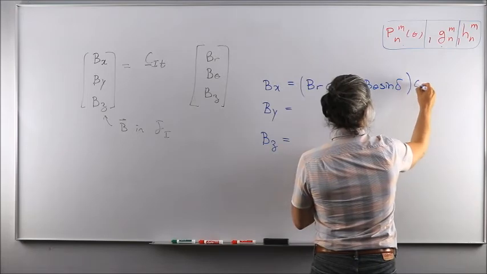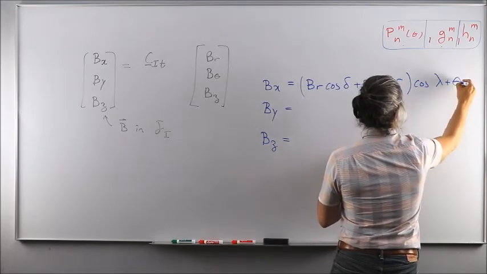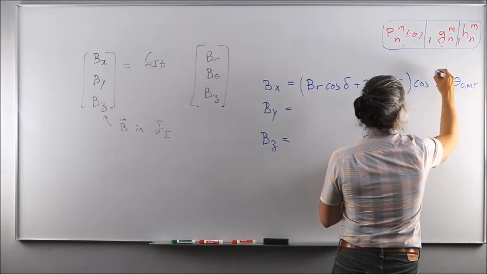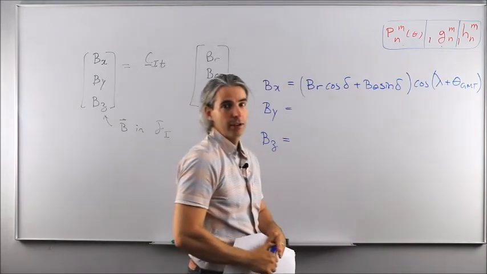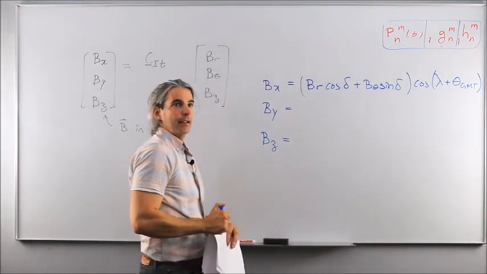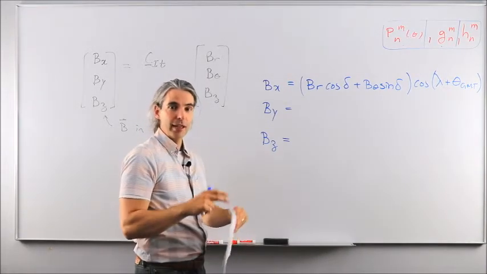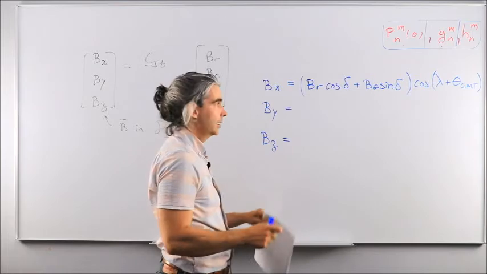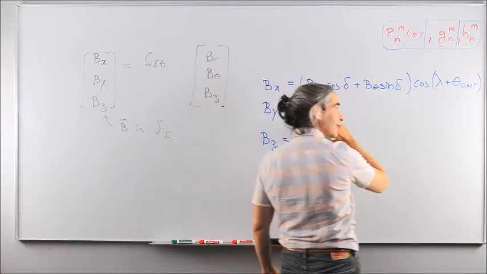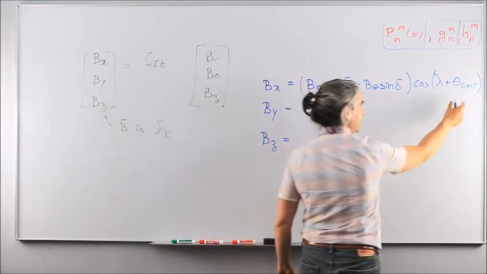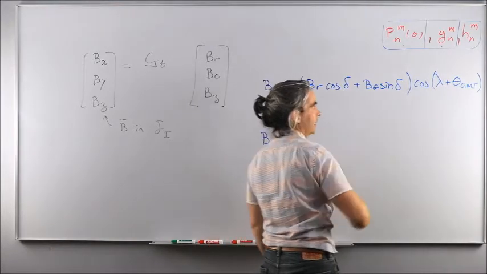All this times cos longitude plus theta GMT, which is the angle between Ix unit vector and the x unit vector of ECEF, right, which is the reference frame attached to the Earth and rotates with the Earth. Whenever the x unit vector of ECEF is aligned with Ix of ECI, this angle is 0, so it turns from 0 to 2 pi in a day.